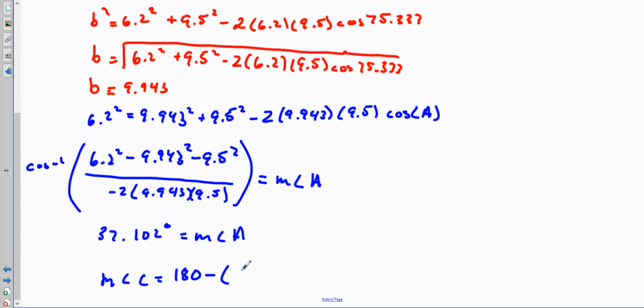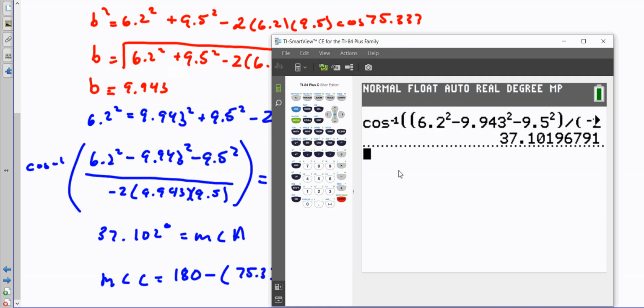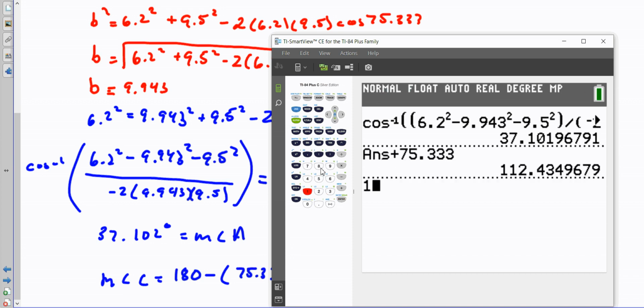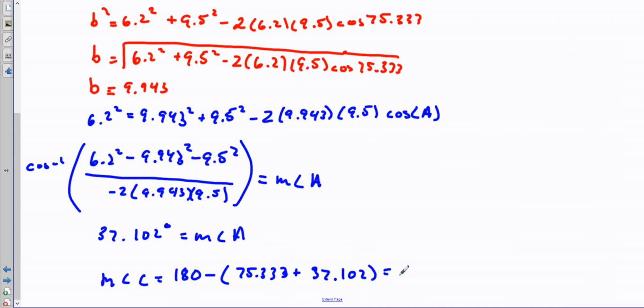In this case, 75.333 plus what we just found, 37.102. I put this in my calculator, take 180 minus that answer, and we get 67.565 degrees. That is the measure of angle C.